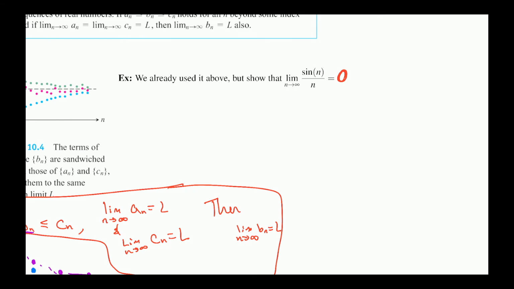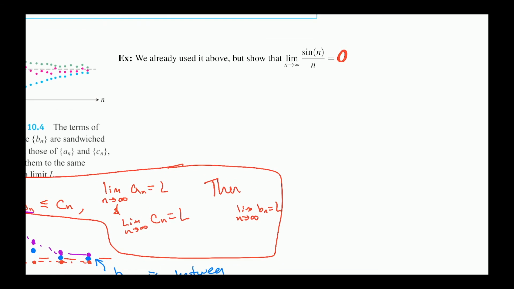Find the limit of sine n over n. Well, what you know about sine is that for sine n, the biggest it could be is 1, and the smallest it could be is -1, right? But then if you divide everything by n, and what you get is this.